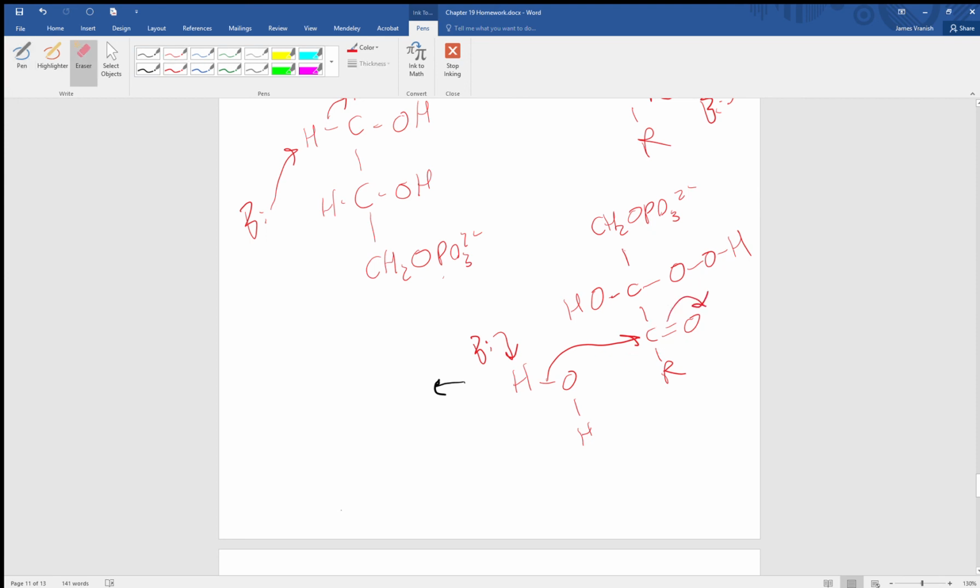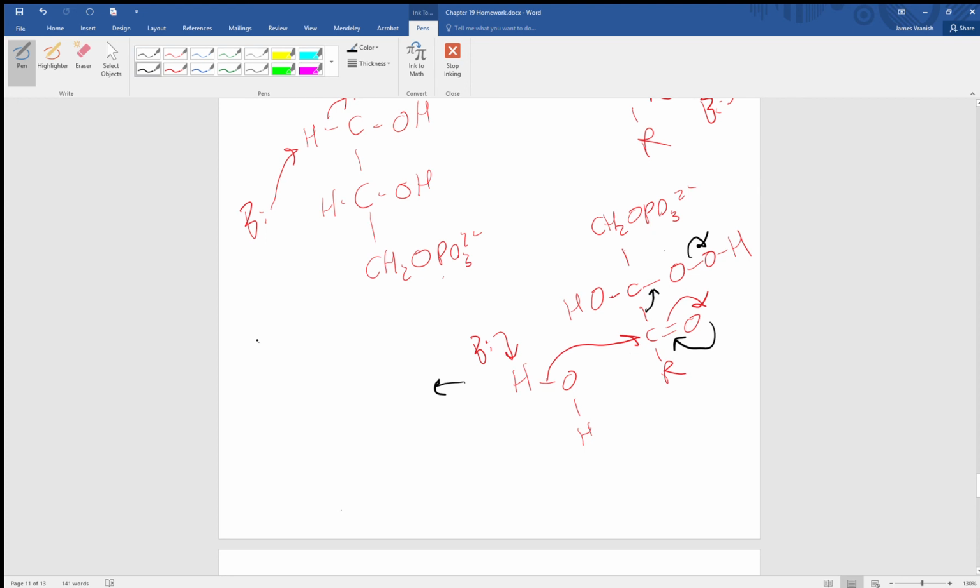Then in a second step, the electrons collapse down, and in this case we actually have a good leaving group up here because of this peroxide. So these electrons, instead of staying as a carbanion, can come here forming a carbon-oxygen double bond, but then this oxygen has too many bonds, so it can just lose a bond and lose a hydroxide.